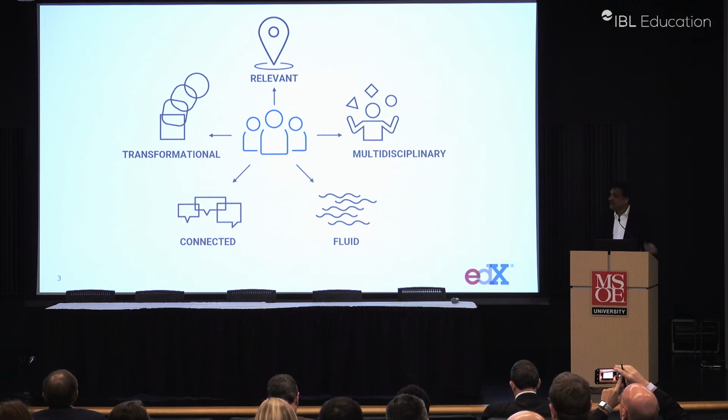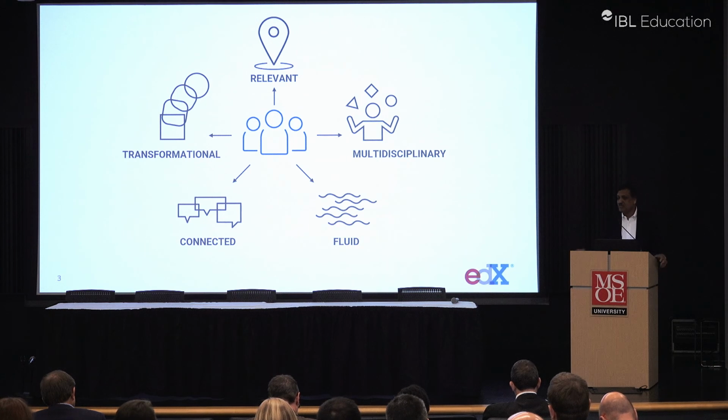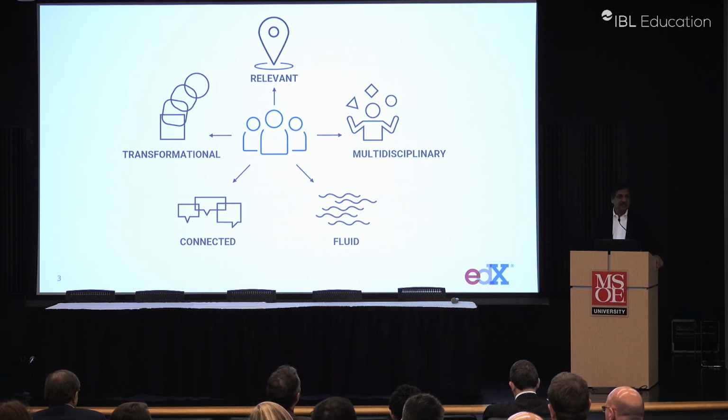That is one. The second one is transformational. We're seeing more and more of these learners. These are learners looking to transform their careers. Our colleague from FutureLearn, Ms. Shufflett, talked about how 50% of jobs in the future are going to be transformed.